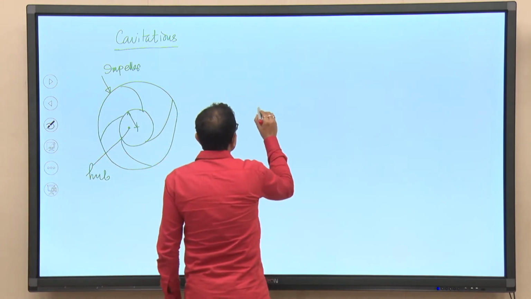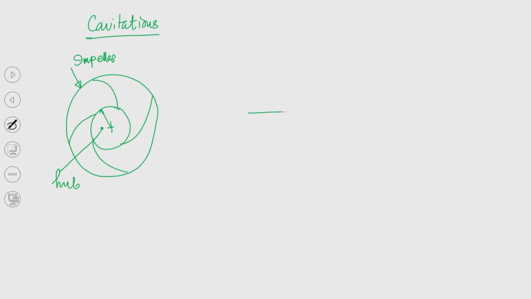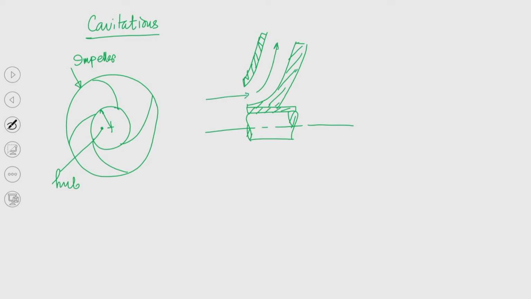If I draw the side view of this, this is the pump shaft, and this is the hub diameter DH, and this is the suction pipe diameter DO.